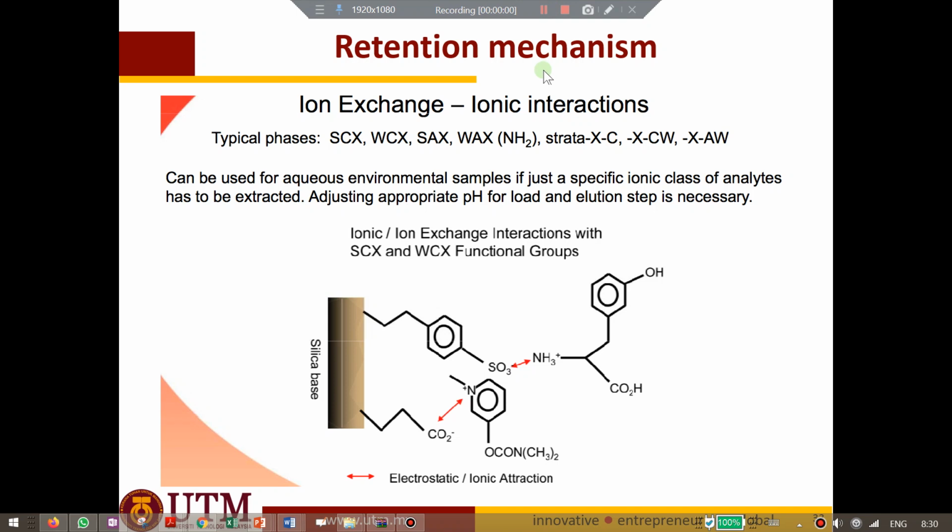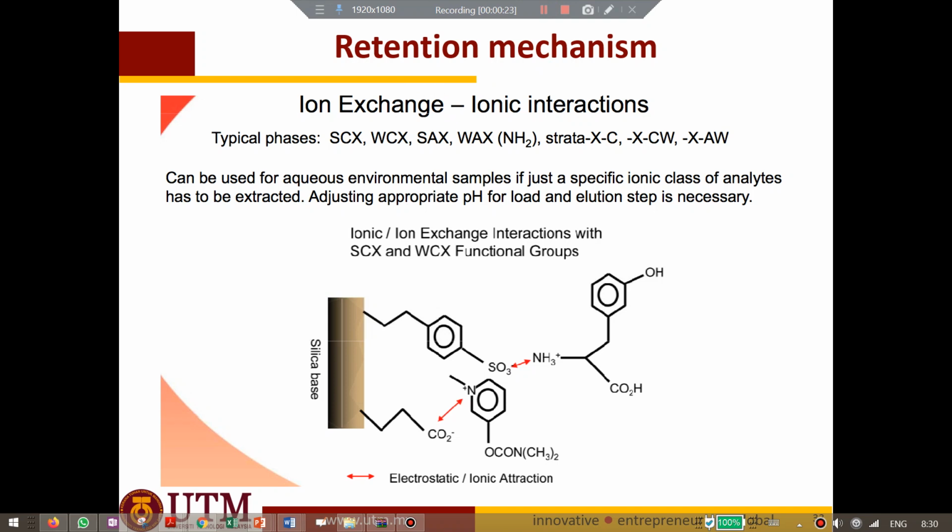The last retention mechanism of the SPE that we will learn today is the ion exchange. Focus on the ionic interaction. It's suitable for both aqueous environmental samples and also organic samples, because we only focus on the ionic interaction.